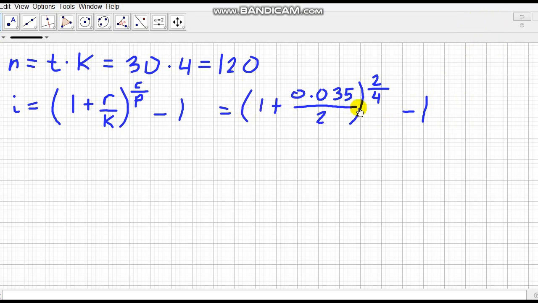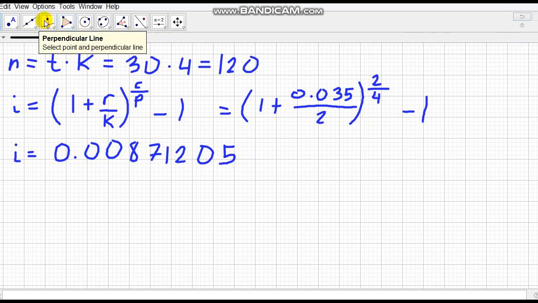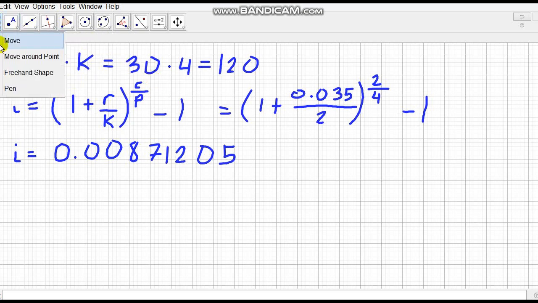So let's compute for this value. We're supposed to get i is equal to 0.00871205. So this is the interest rate per period that we're going to use. i is equal to 0.00871205 and n is 120.